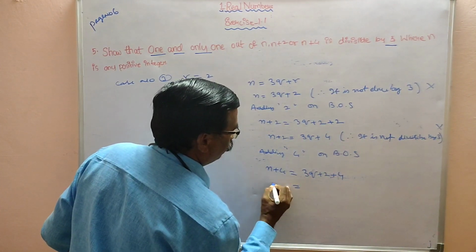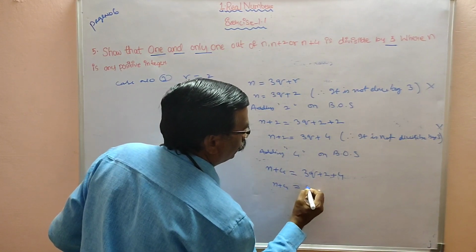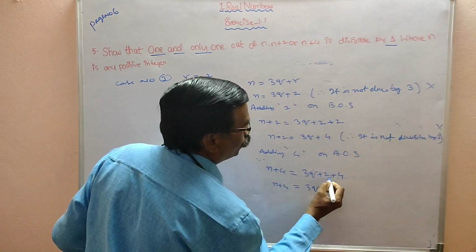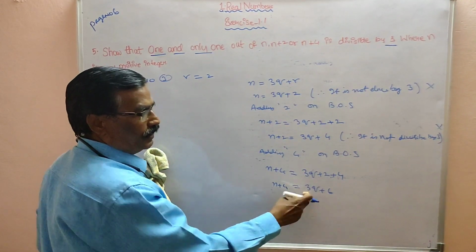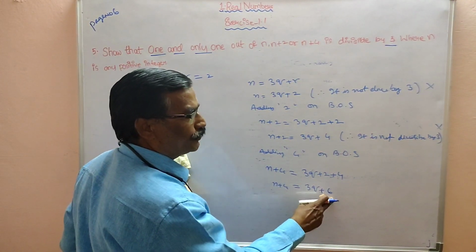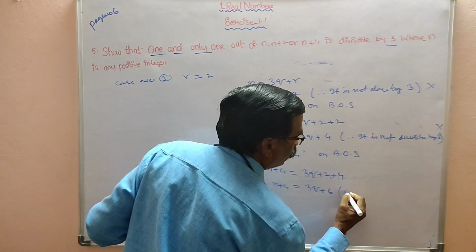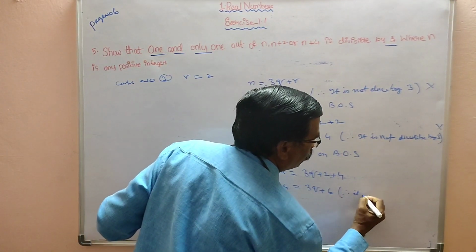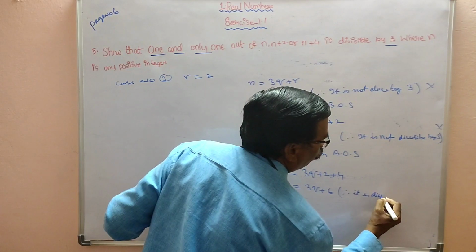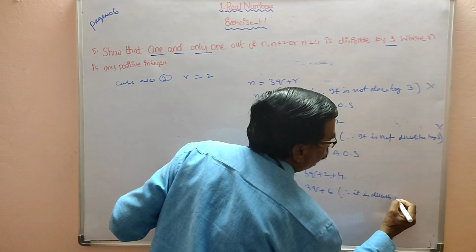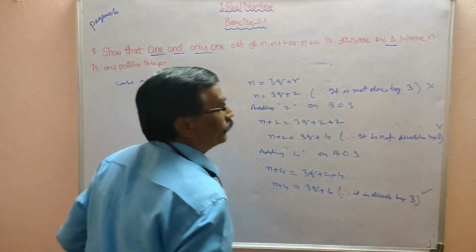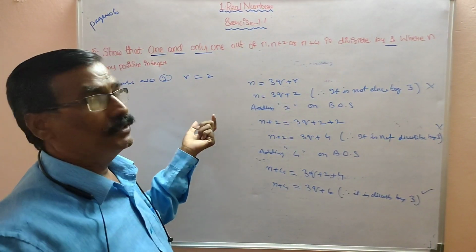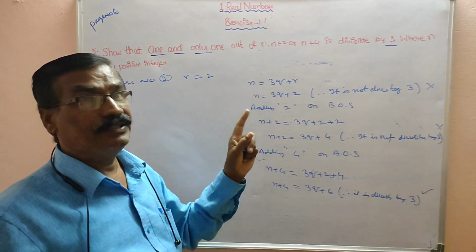So n plus 4 equal to 3q plus 6. This 3 is divisible by 3, and this 6 also is divisible by 3, since 3 twos are 6. So therefore it is divisible by 3.